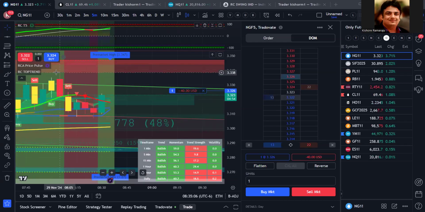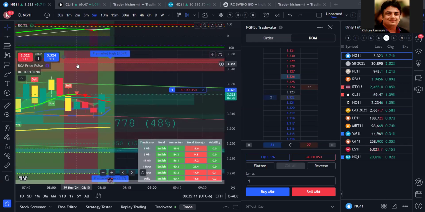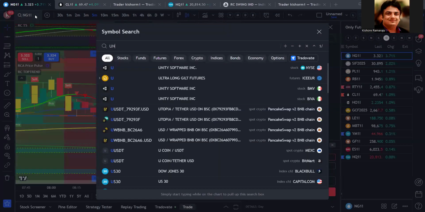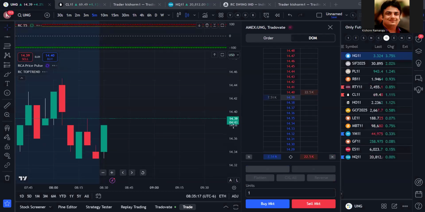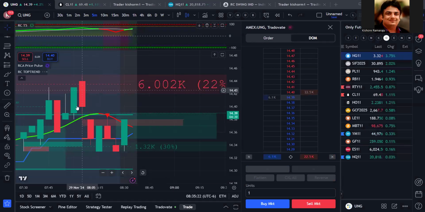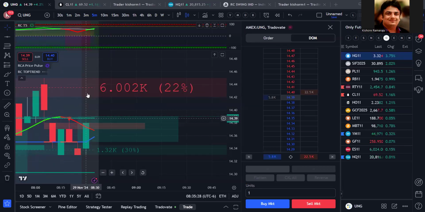So that's why it is going up, coming down, going up, coming down. In this case, if I take UNG, which is an ETF for natural gas, this will move choppy.